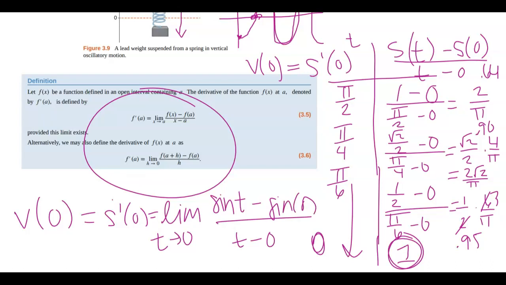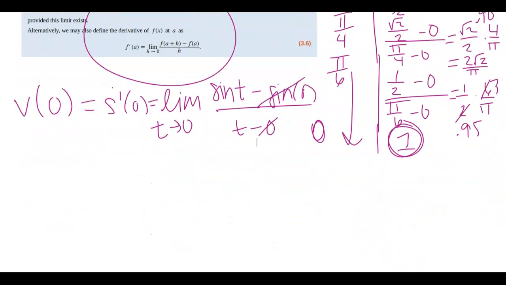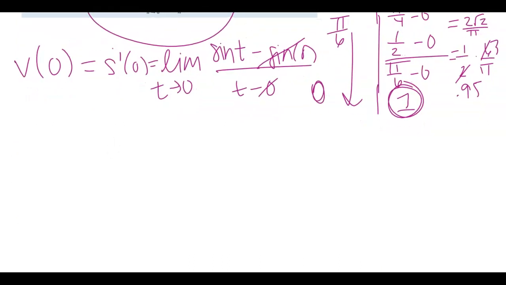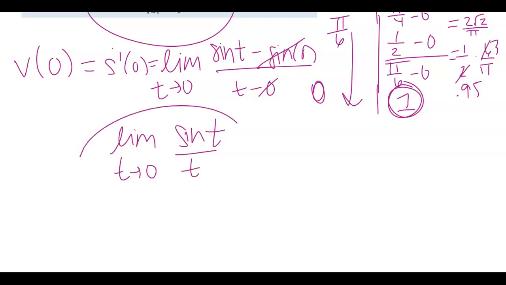And in this case here, sine of 0 is 0, and this is 0. And so we're looking at the limit as t goes to 0 of sine of t over t. And this is one we did in a previous example in class, and we see that this is equal to 1. And you can see that with the table of values.